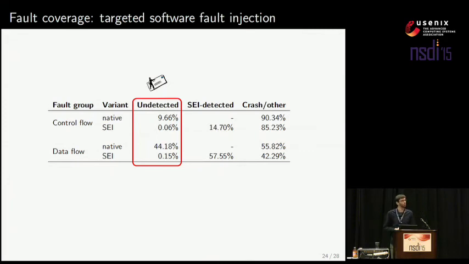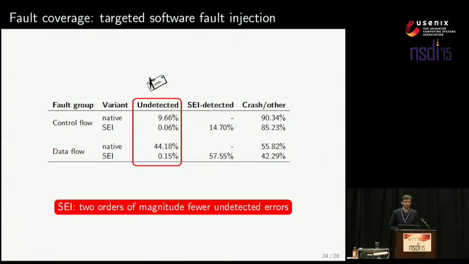And with our approach, we could reduce that by 2 orders of magnitude. Similarly for control flow faults, but control flow faults are slightly less dangerous because they usually result in a crash of the process because they usually bring the process to execute some invalid instruction. So the takeaway of this experiment is that with SAY, we can reduce by 2 orders of magnitude the undetected errors.